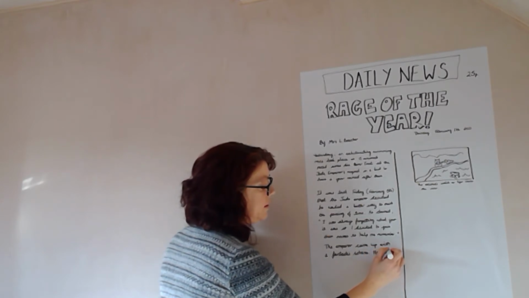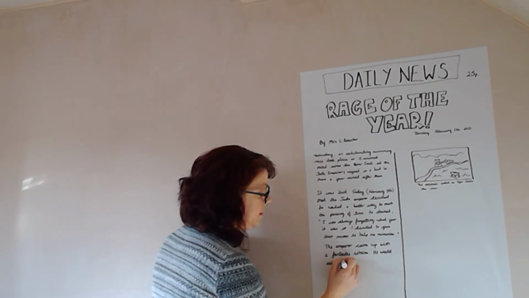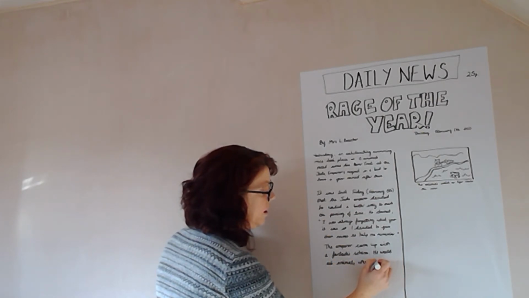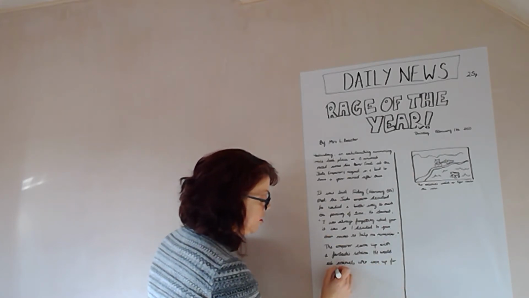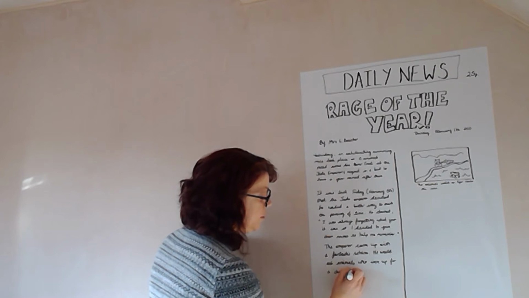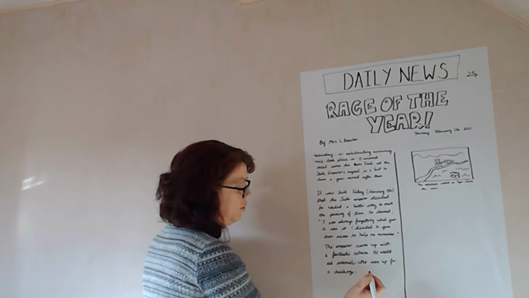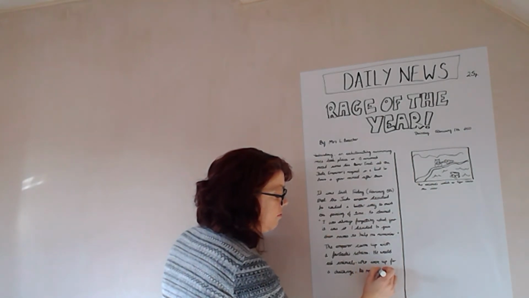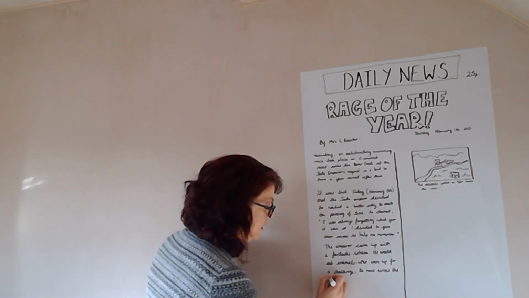He would ask animals who were up for a challenge, and then I need to put in there, I'm going to put in some dashes to show my relative clause there, who were up for a challenge to race across the River Trent.